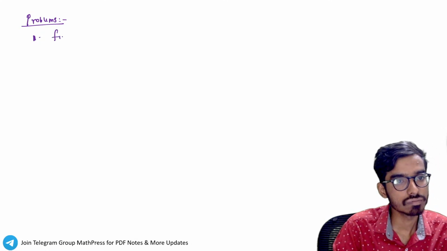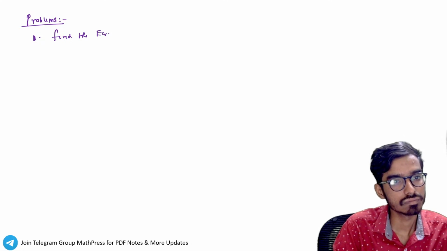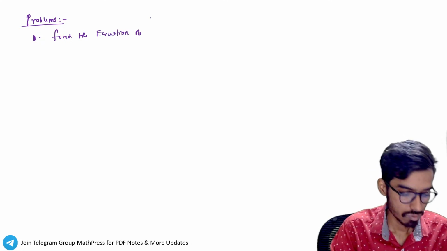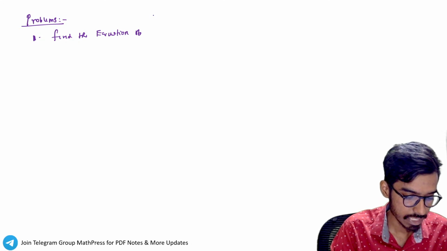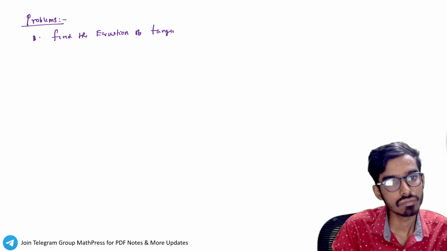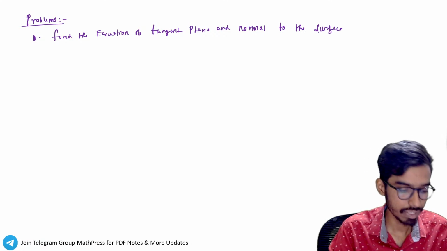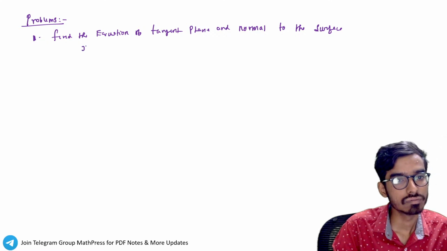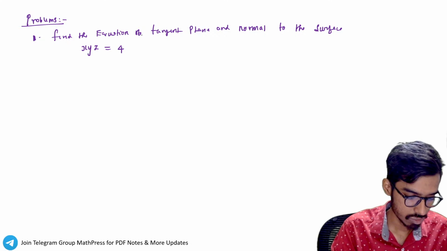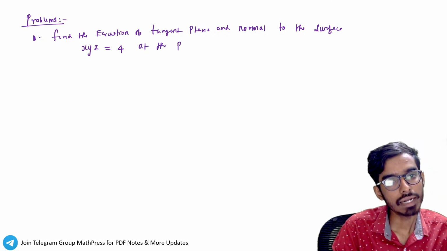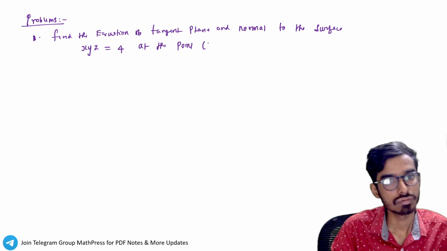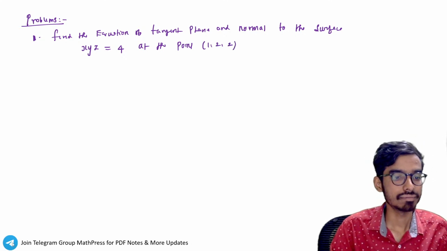Find the equation of the tangent plane and normal to the surface xyz equals 4 at the point (1, 2, 2), right?